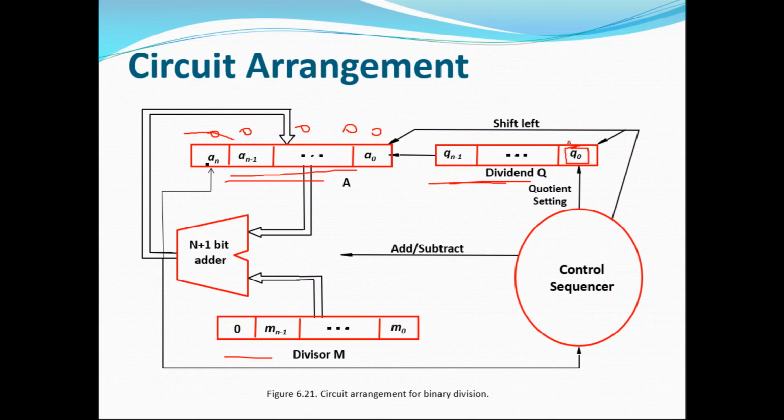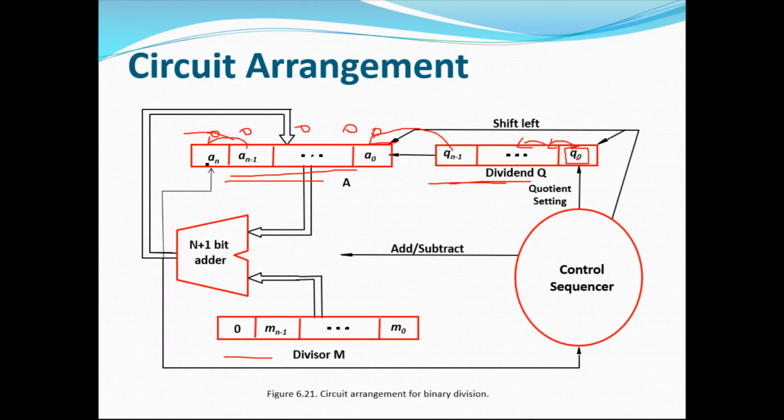Q naught will become Q1, Q1 will become Q2, and so on. A n minus 1 will become A n, Q n minus 1 will become A naught, like that. So there will be an empty gap created in Q naught.